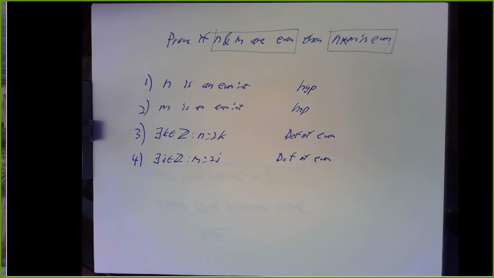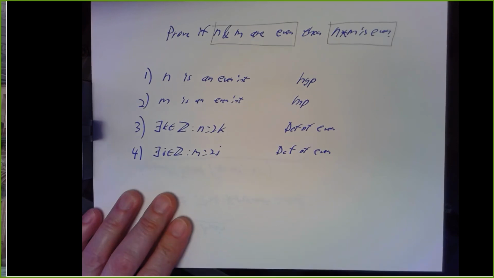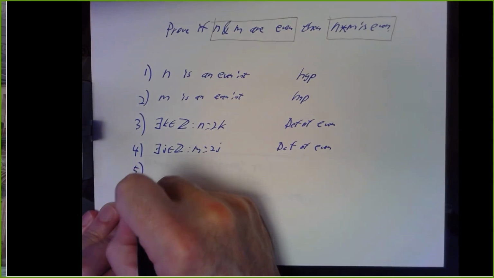All right, so what do we do next? This is the magic step. Multiply. What should we multiply? n times m equals 2j times 2k. Perfect.